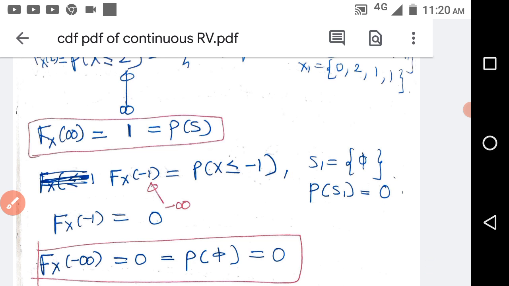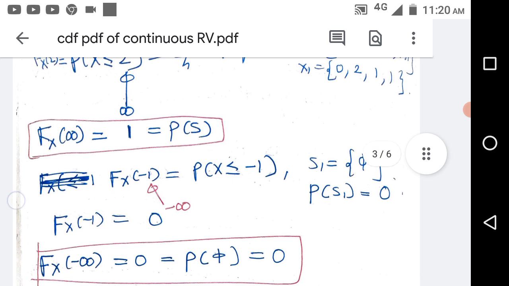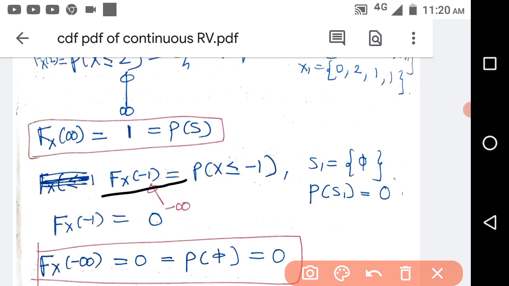So F_X(minus 1) is 0. If you consider minus 1 as minus infinity, then F_X(minus infinity) is equal to 0. This is the second property of the CDF: if the subset contains no elements, then the CDF of it is equal to 0.